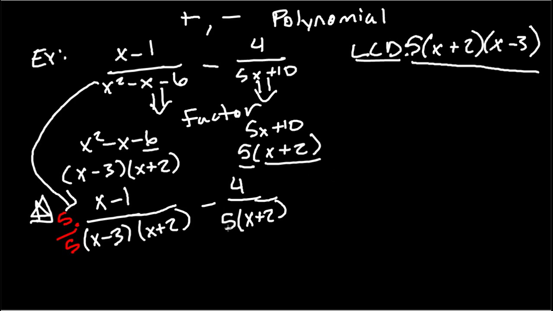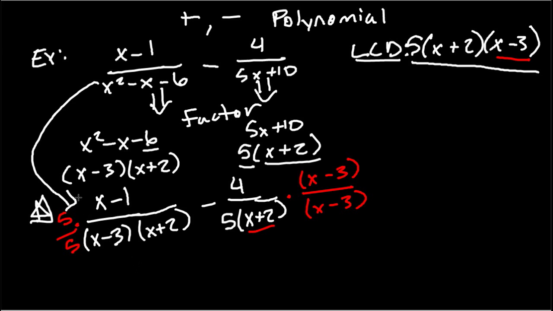Now, over here, we've got the 5 covered in this denominator. We've also got the x plus 2 covered. What we're missing, though, is the x minus 3. So over here, we've got to multiply the top and the bottom by x minus 3. Okay?